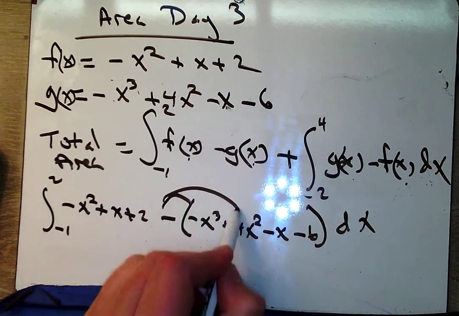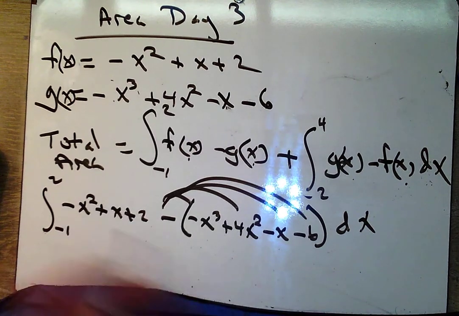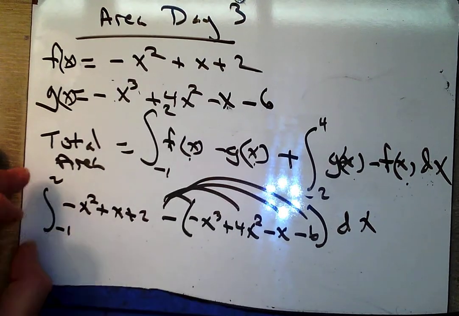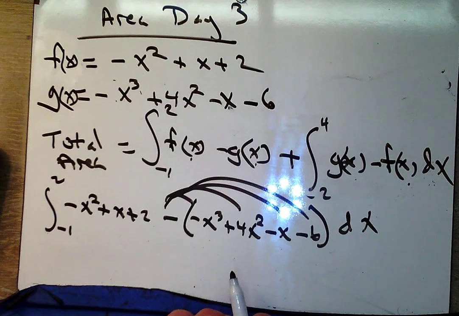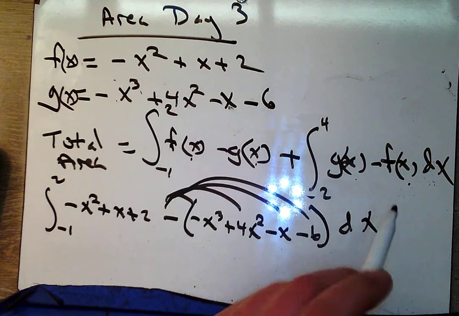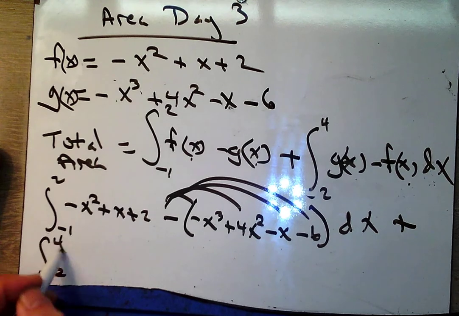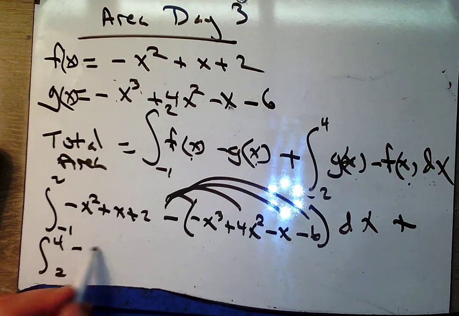So that negative has to go to all of those terms. And then I'm going to combine like terms, and then I'm going to do the antiderivative, and then I'm going to plug these values in. That's a bunch of work. And that's only for the first part. I still need to do the second part, plus the integral from 2 to 4. This time g of x comes first.